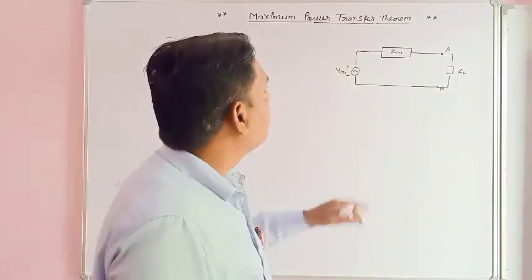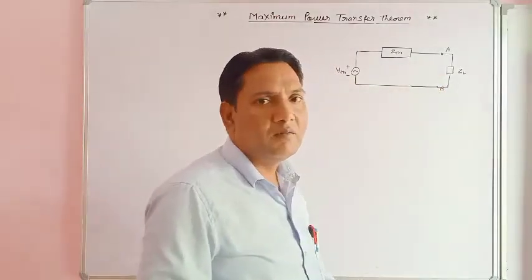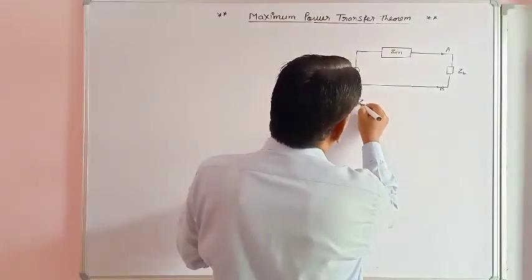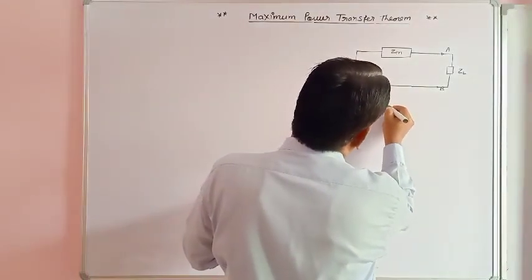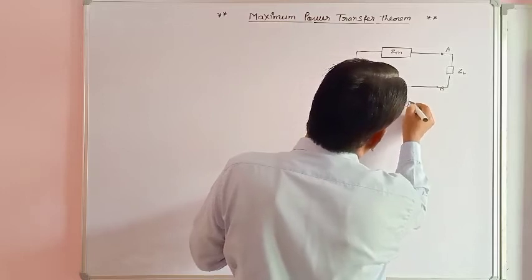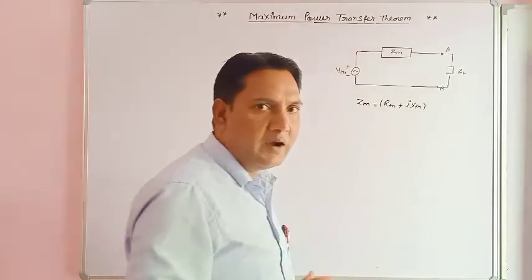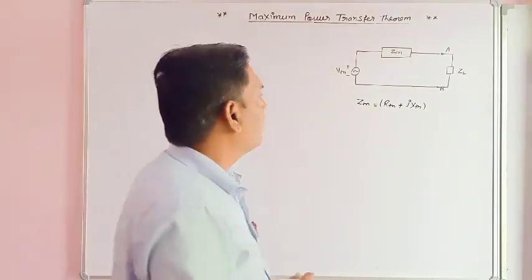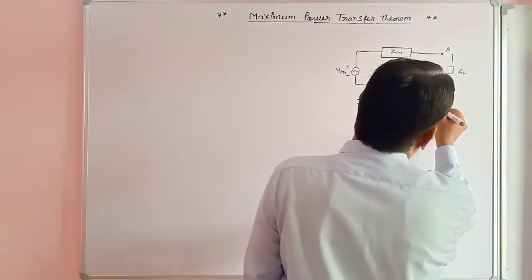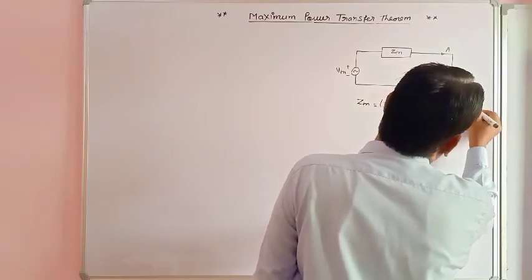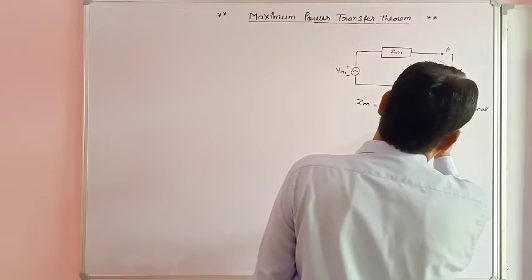Now since ZTH and ZL both are complex quantities, we can write ZTH equal to RTH plus j XTH. RTH is the real component and XTH is the imaginary component. This is called the total internal impedance of the network.